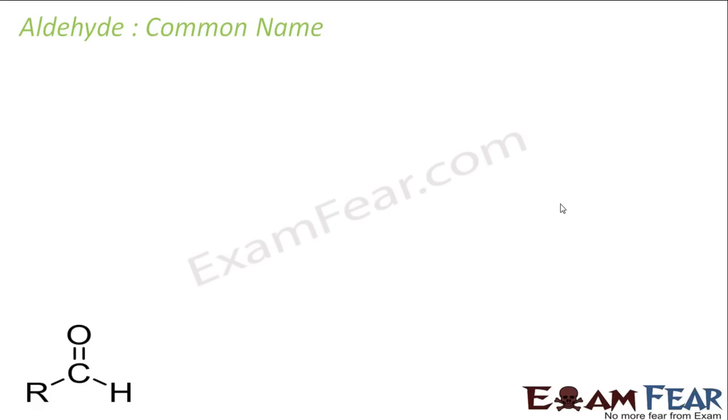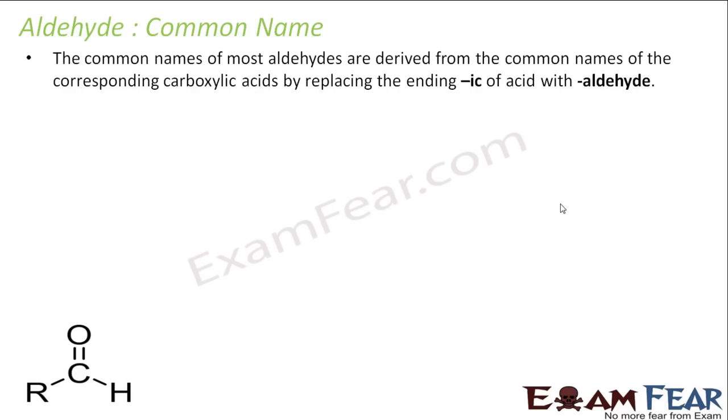And aldehydes also derive their names from carboxylic acids. The common names of most of the aldehydes are derived from the common names of the corresponding carboxylic acid. We'll discuss this in the carboxylic acid part, since a lot of carboxylic acids were discovered before IUPAC came into the picture. So you derive the common name of aldehydes from the common name of their corresponding carboxylic acids.